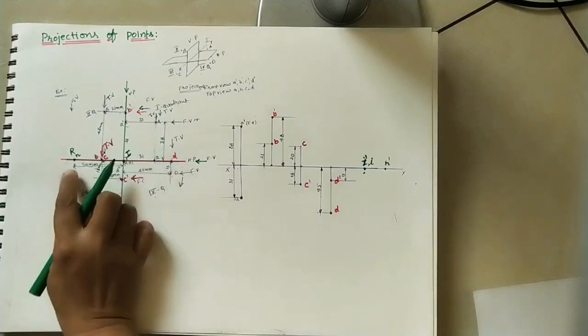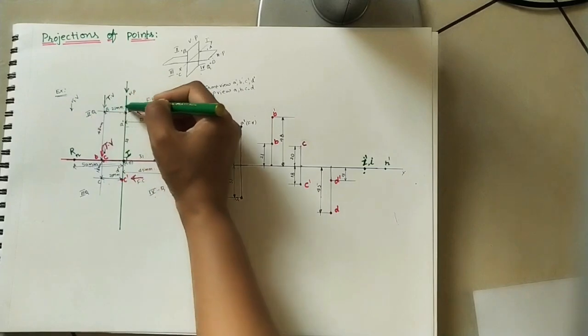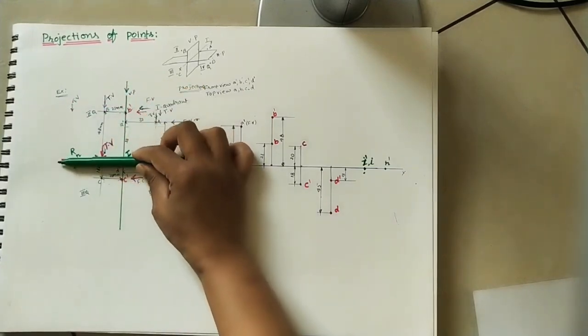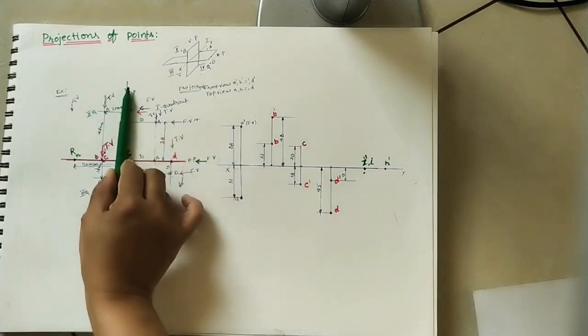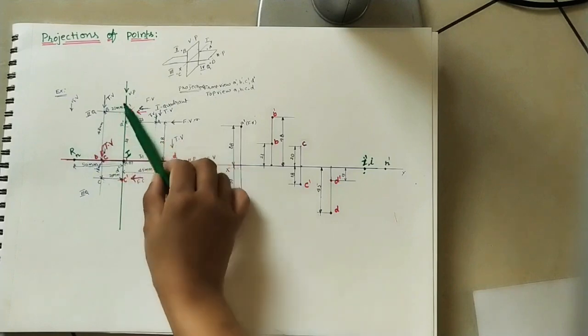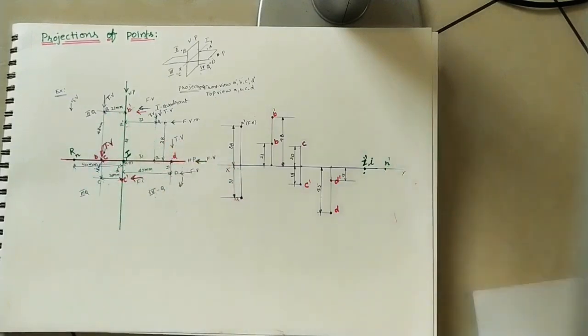At what distance is it coming? Small r, 50 mm. Okay, because we are seeing this side, we can see this gap also. So small r is coming here, but I told you this horizontal plane will move in the upward direction like this in the 2D drawing. So this small r will move like this. This gap is 50 mm. So from r dash we need to mark 50 mm.